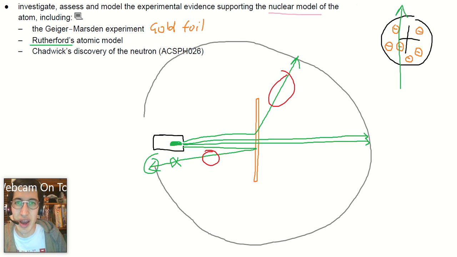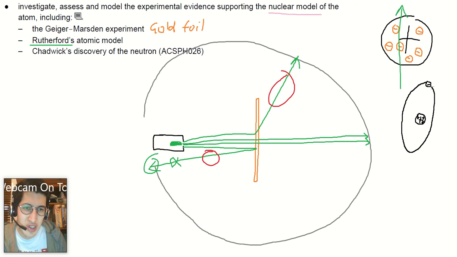So we now have Rutherford's atomic model, which is where you have a very, very tiny, dense, positive nucleus. It has all the positiveness in it, lots and lots of positive in there. And around the nucleus, he knew the electrons weren't in the nucleus because that would make it neutral. So the electrons he assumed must be around the nucleus, and he thought maybe they orbited kind of like planets orbiting the sun, right?